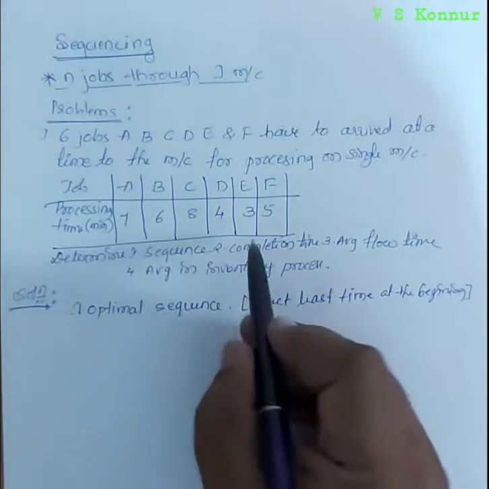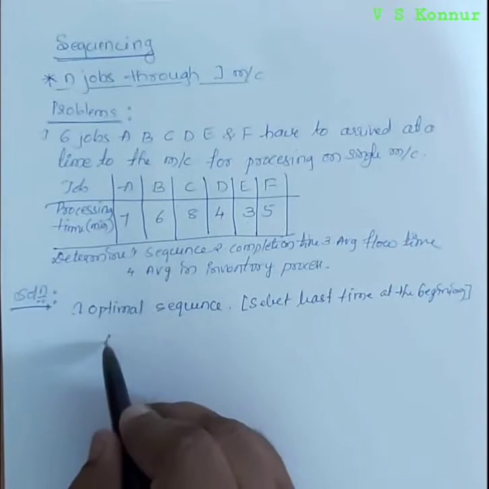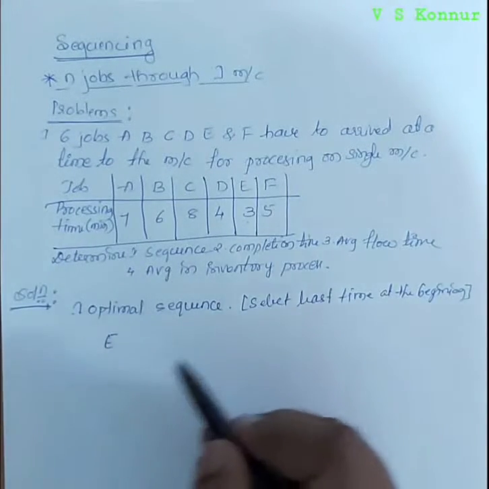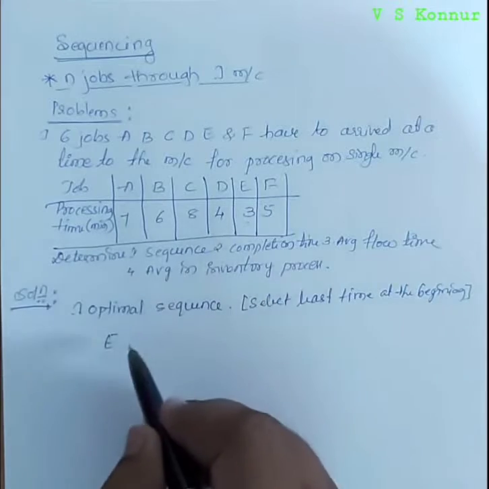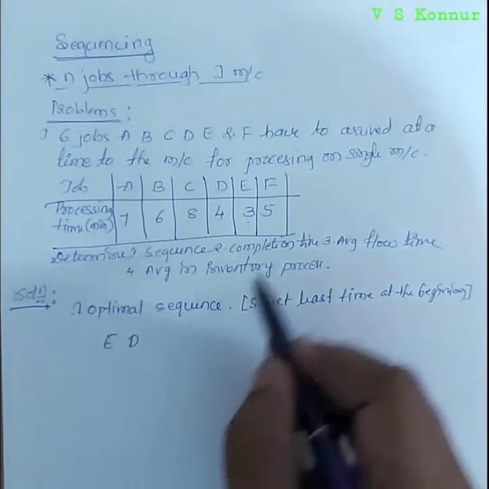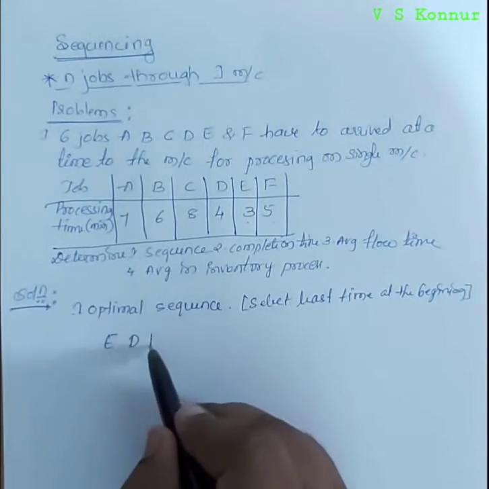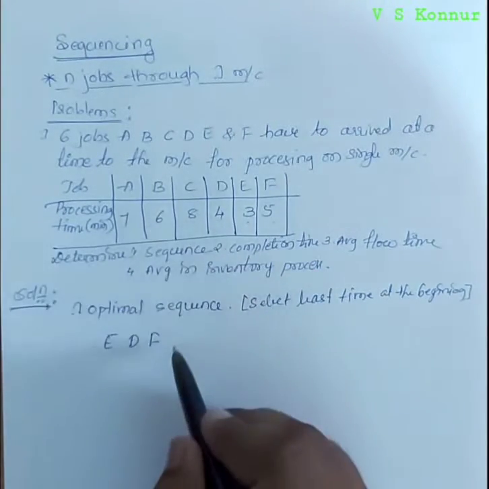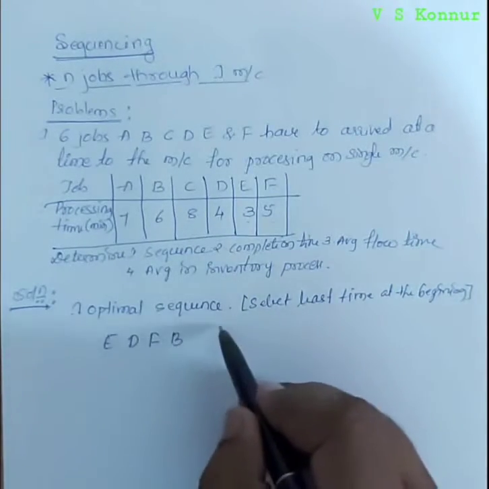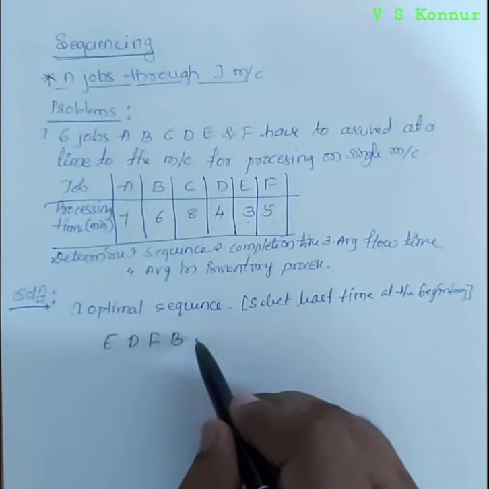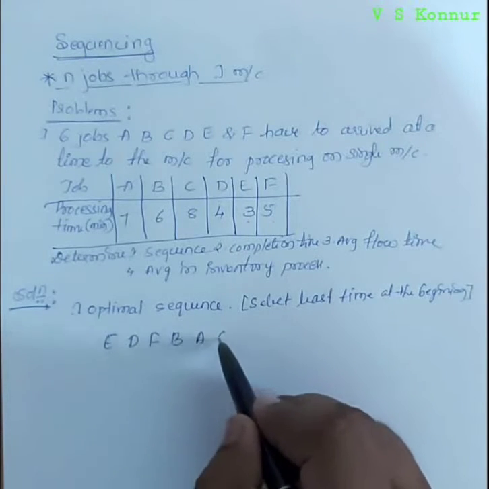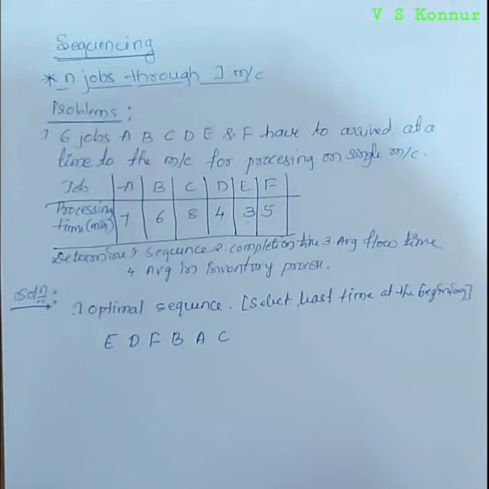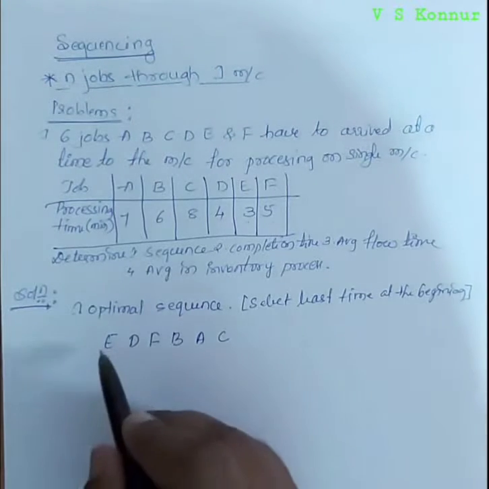Least time is 3, and 3 is job E. Next is 4, which is job D. Next 5, which is F. Next B, next A, next C. So the sequence is E, D, F, B, A, C.